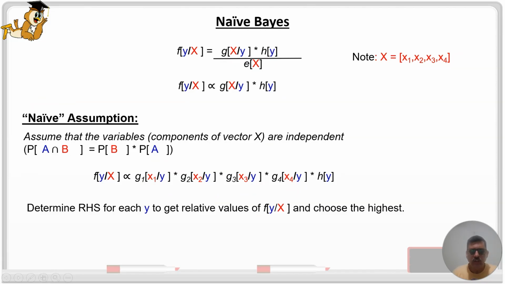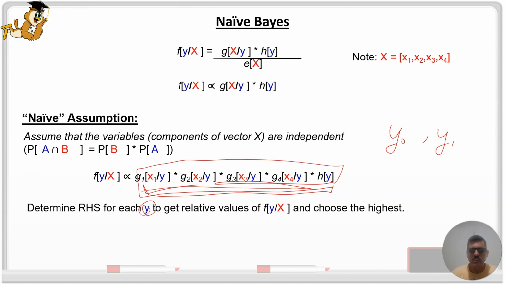What we are therefore going to do in the naive Bayes is that we are going to evaluate this RHS for each y. So if this were a binary classifier, there would be two output values of y, y0 and y1, and you would evaluate this RHS for y equal to y0, and for y equal to y1, and then you would compare which of the two is higher to get the higher f of y given x.